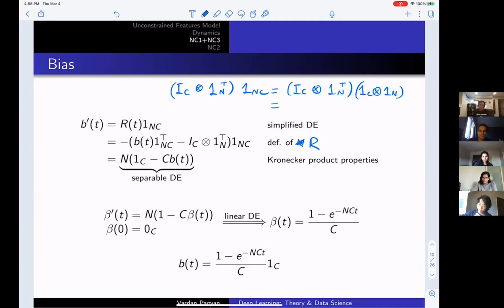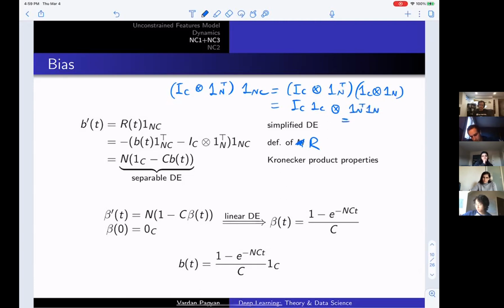And then you use the mixed product property that we almost missed in the previous slide. Then you get identity of size c multiplied by ones of size c, Kronecker product with 1n transpose 1n.